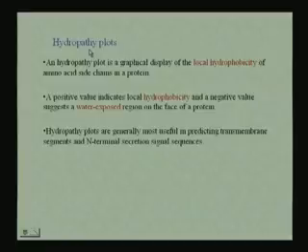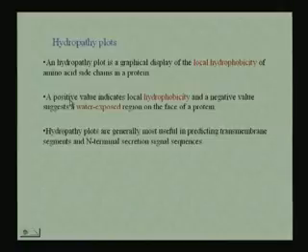This is what is called a hydropathy plot. What is a hydropathy plot? It is a graphical display of the local hydrophobicity of the amino acid side chains in a protein. And why do I want to do that? Remember I showed you a table, which I'll show you again, which gives you the hydrophobicity values of different amino acid residues.